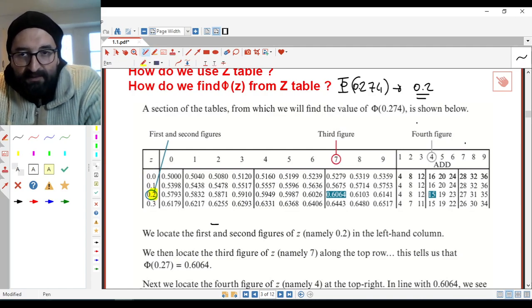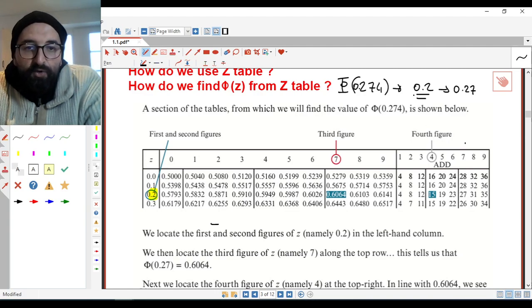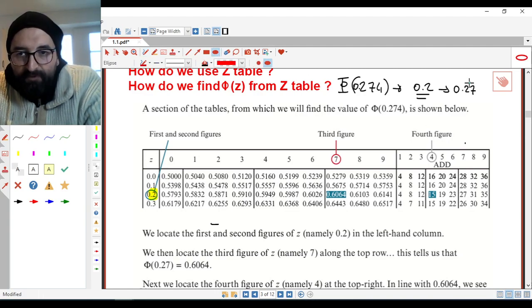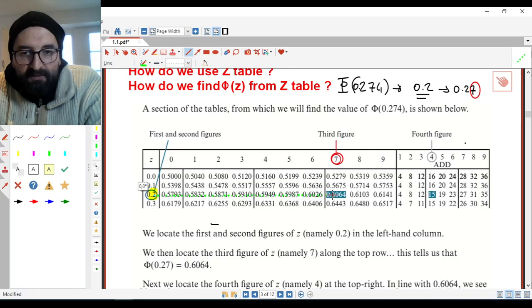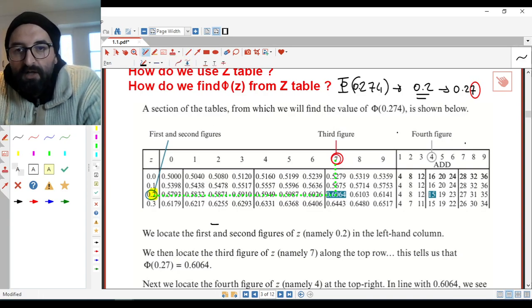Secondly, to find 0.27, you have to find 7 at the top of this table, and 7 is here. And 0.2 and 7 meet at this number, 0.6064. So we can say phi(0.27) is 0.6064.